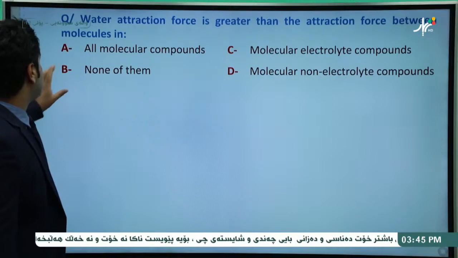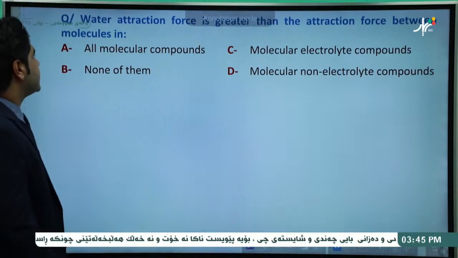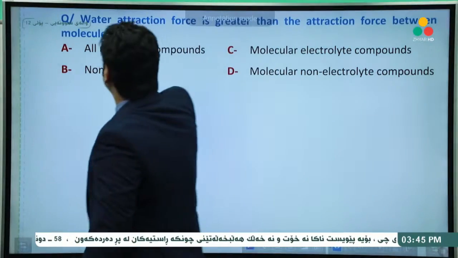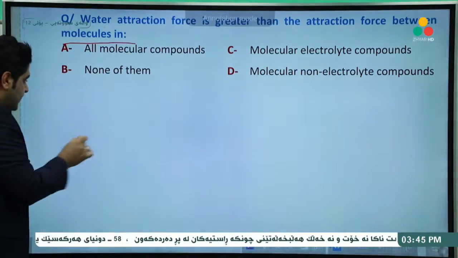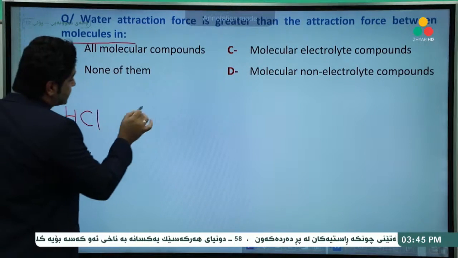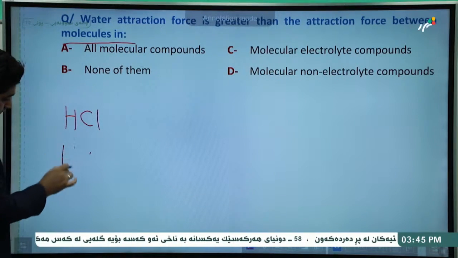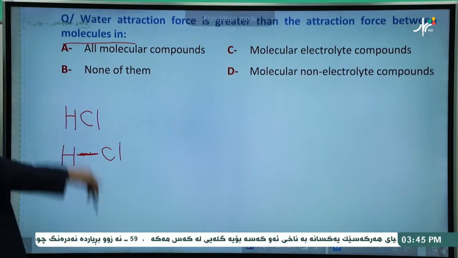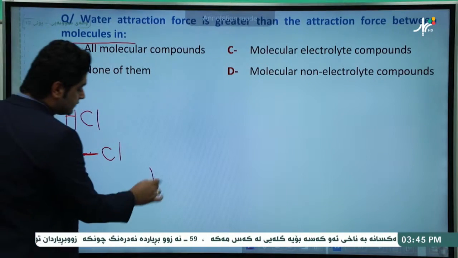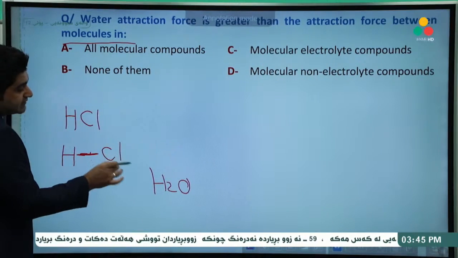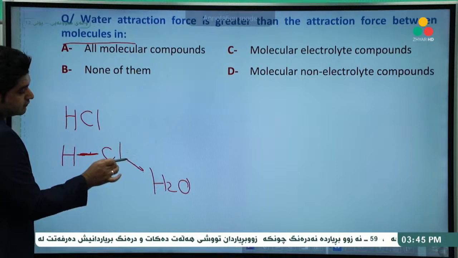It's a wonderful question. What attraction force is greater than the attraction force between the molecules? Okay? For example, we have HCl. We have the attraction between H and Cl. When we put HCl into the water, H2O, it starts to form attraction with the water.